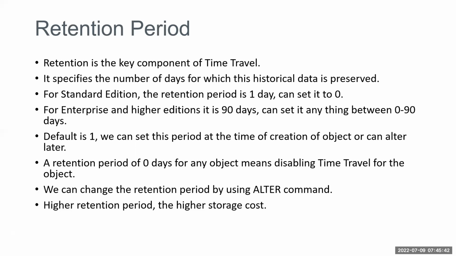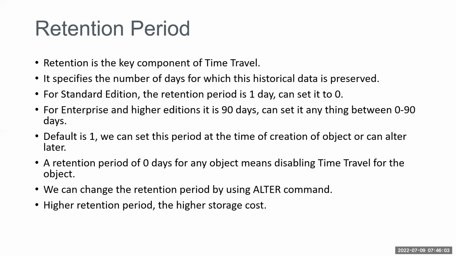A retention period of 0 days means we are disabling the time travel feature for that object. Suppose I have a table and I set the retention period to 0 for that table using the alter command, that means I'm disabling the time travel feature for that object.